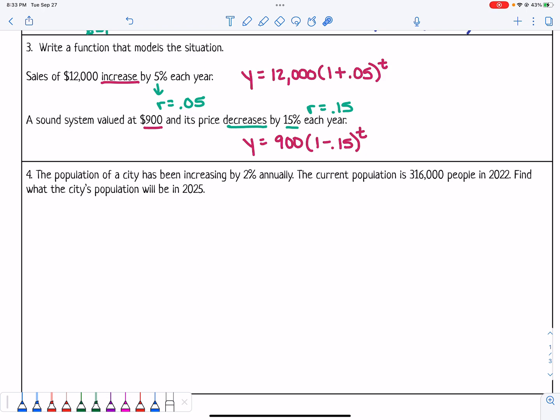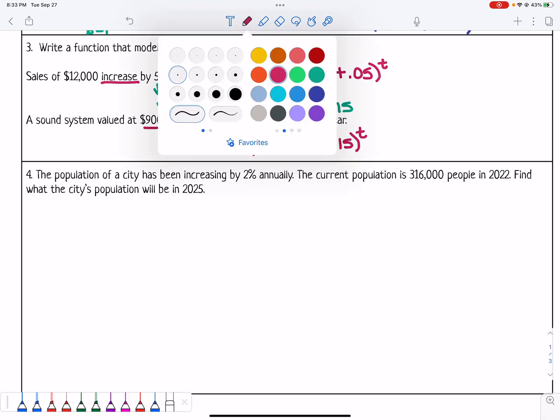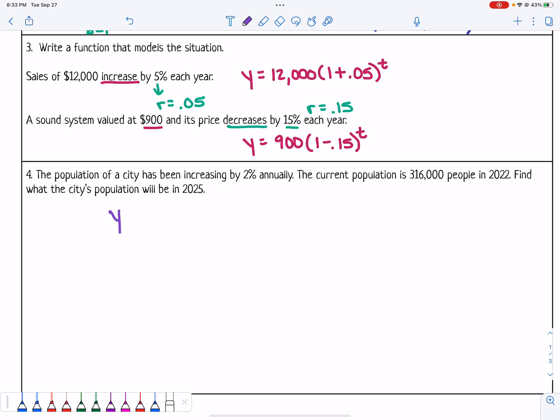Number 4 says the population of a city has been increasing by 2% annually. The current population is 316,000 people in 2022. Find what the city's population will be in 2025. So for this one, we need to set it up and plug in the time. So let's put y equals the initial amount of 316,000. It's increasing, so that would be growth.